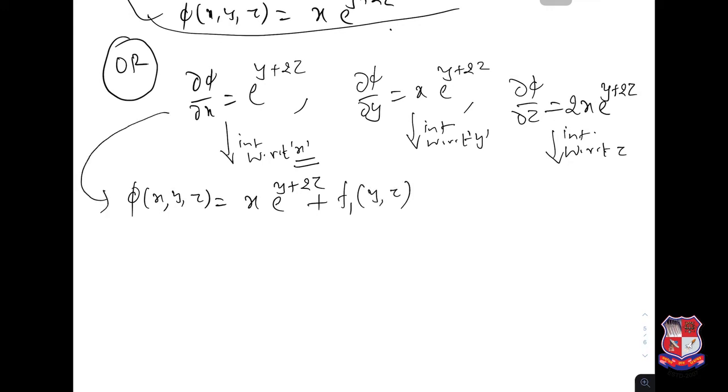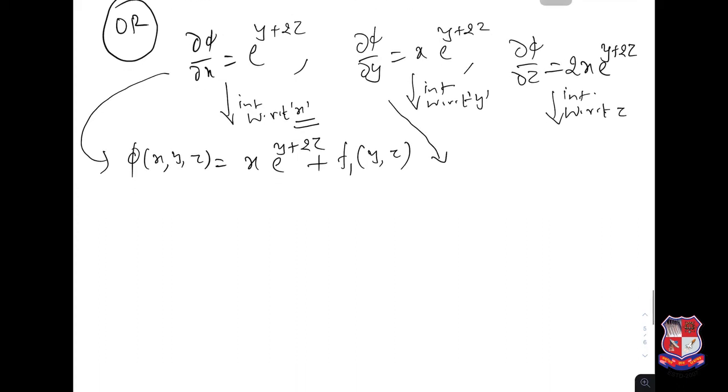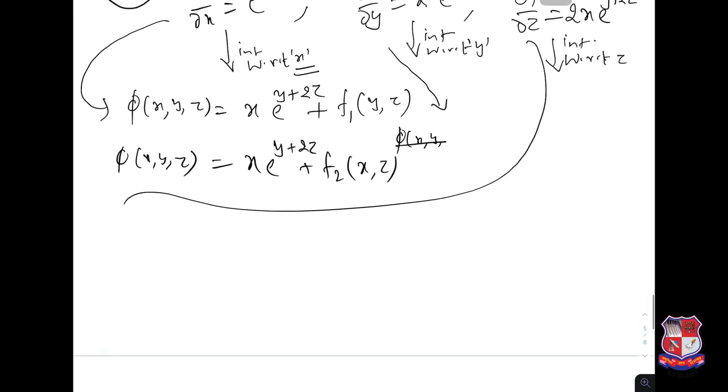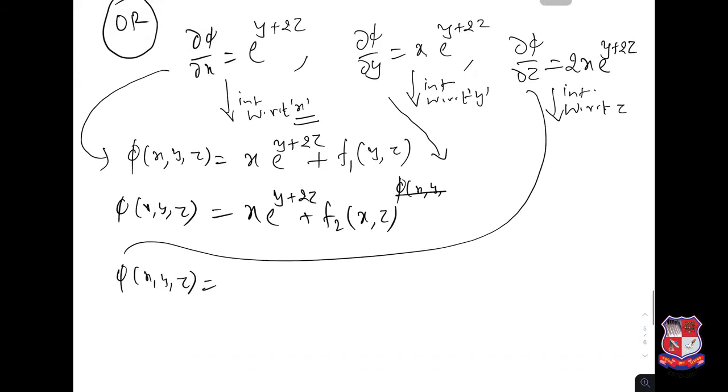Now from here you can write phi of xyz equal to integration with respect to y, so it is x e power y plus 2z plus some function of x and z, and from here we write phi of xyz, that is integration with respect to z.